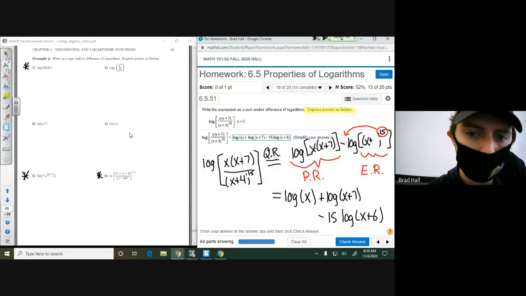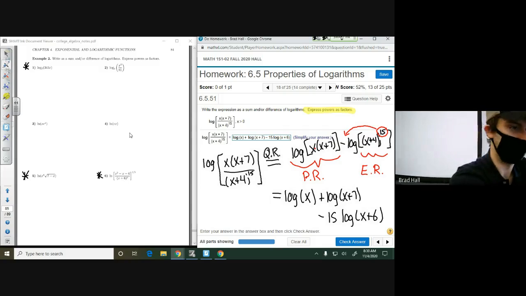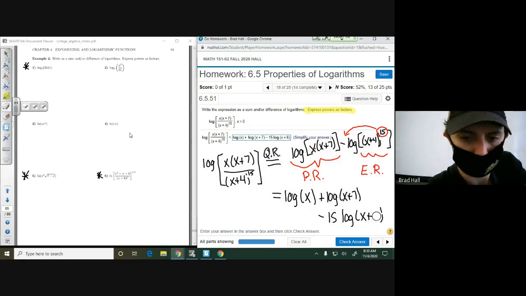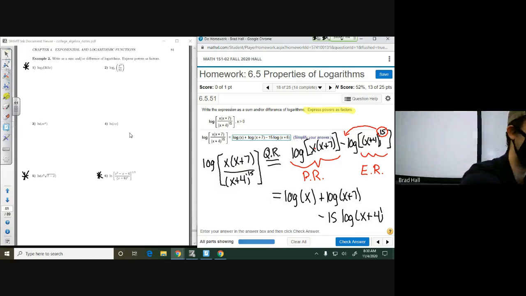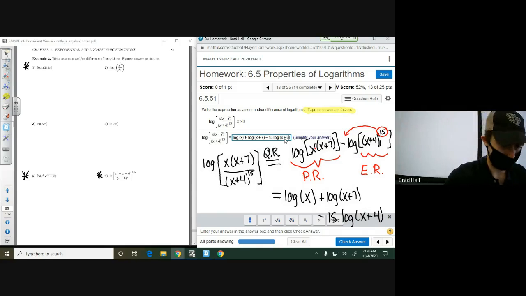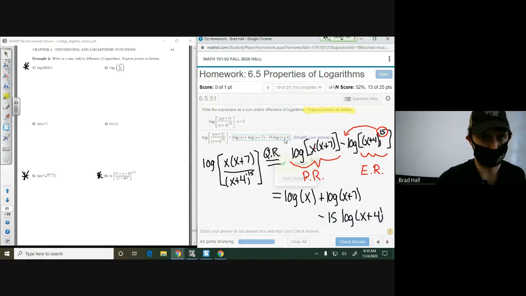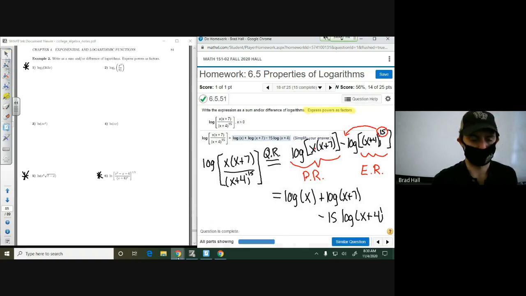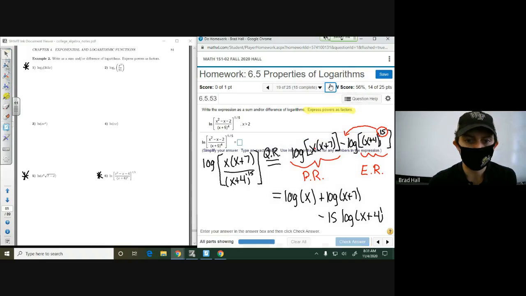So it's plus 4, and then down at the bottom, plus 4. I don't know why I do that sometimes. Oh well. Okay, so it should be plus 4. All right, let's keep going. We only have 7 or so more problems to go, or 6.